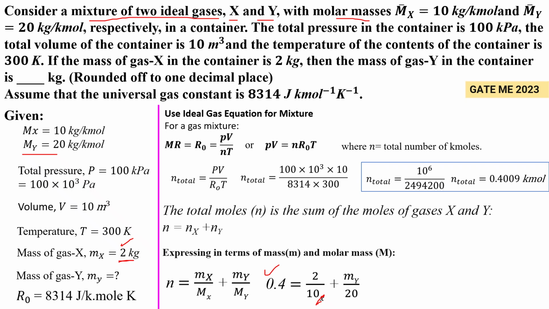Then substituting, the equation becomes 0.4 equals 2 divided by 10 plus small my divided by 20. So small my, the mass of the gas Y, equals 4. So the answer is 4 kg.